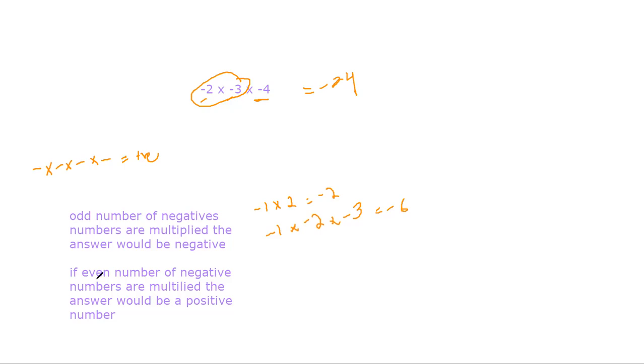But if two negative numbers are being multiplied, the answer would be positive. So in both of these cases, minus 1 multiplied by minus 2 multiplied by 3, there is an even number of negative numbers. The third one is positive, so the answer would again be a positive number.